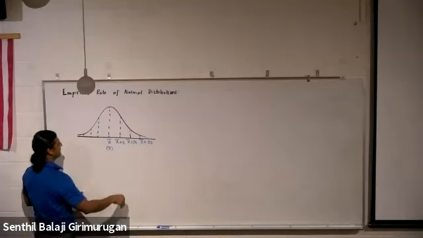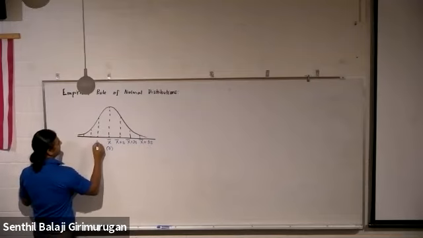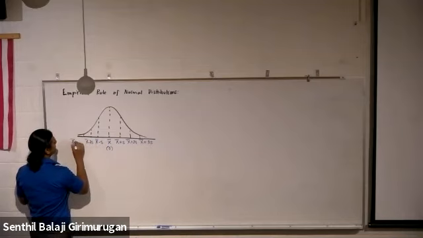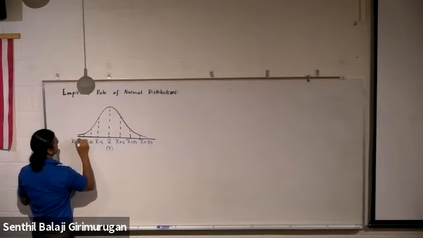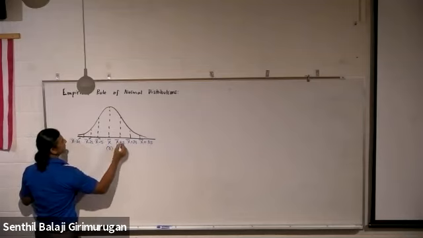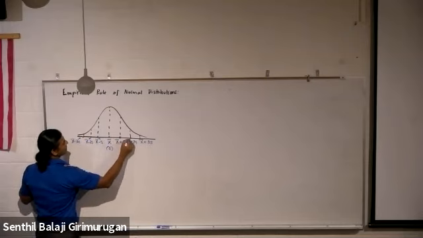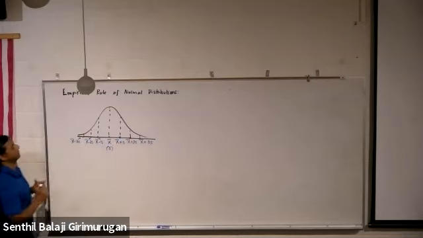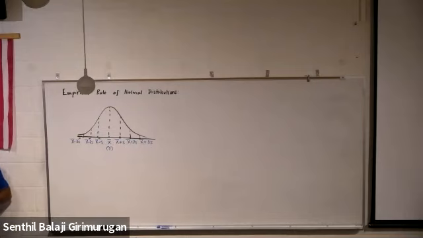That's on the right hand side. On the left hand side, we have X bar minus S, X bar minus 2S, and X bar minus 3S. Good.